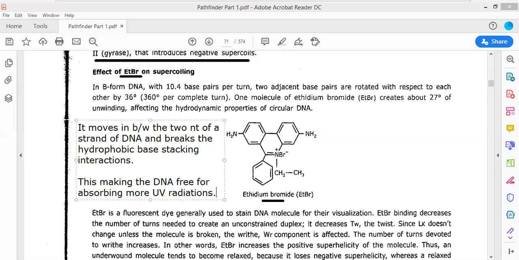In tomorrow's lecture, I would be discussing the MCQs, the multiple choice questions that have been asked from the topic of nucleic acid up to the fraction of this chapter that will be completed in today's class, so that you can have an idea that this type of questions are being asked in CSIR, in IIT-JAM, and in other entrance examinations. And we would be solving all those different questions.